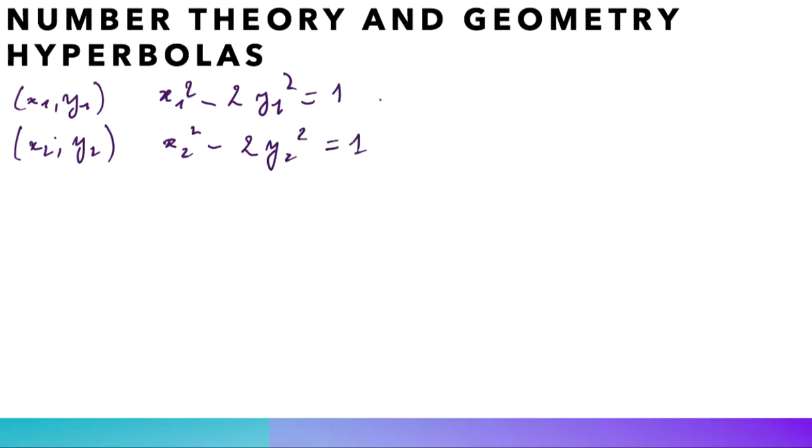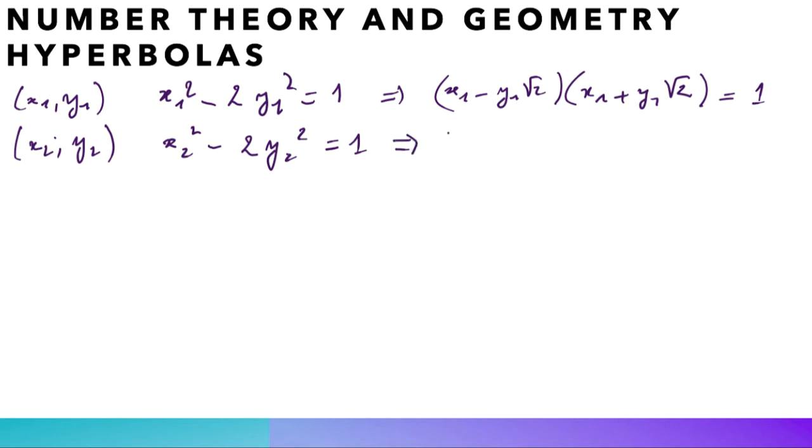This first equality here implies that (x1 minus y1 square root of 2) multiplied by (x1 plus y1 square root of 2) is actually equal to 1. And this second one here implies exactly the same thing, that (x2 minus y2 square root of 2) multiplied by (x2 plus y2 square root of 2) is also equal to 1.